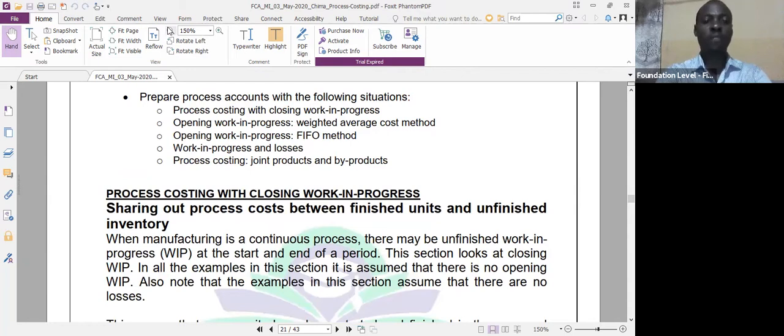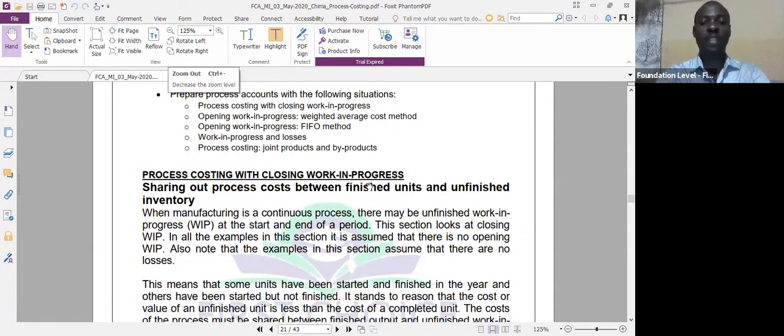So when we say work in progress, it means that we have some units of goods that are in the process of being completed. So in a manufacturing process which is continuous, there are sometimes unfinished work at the end of a period. Let's take, for example, the period we are considering is April.